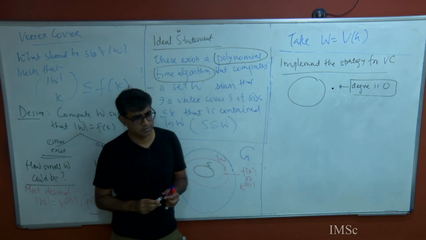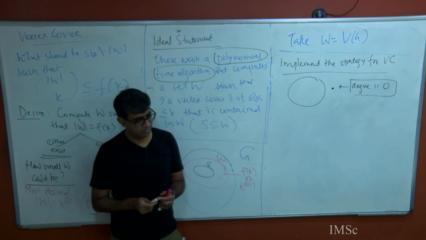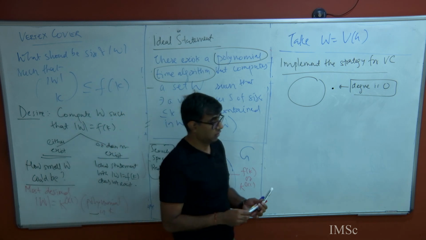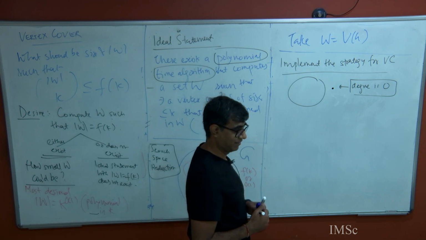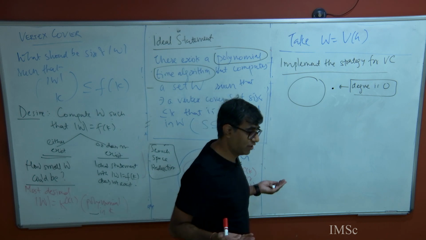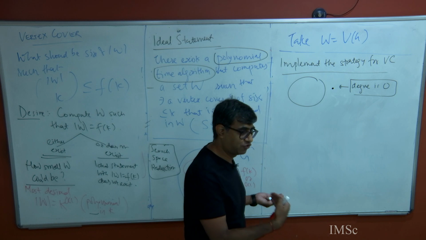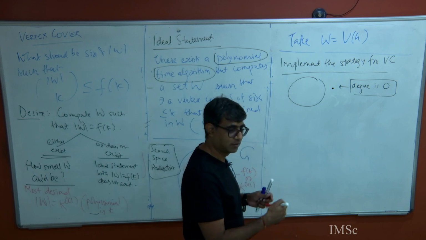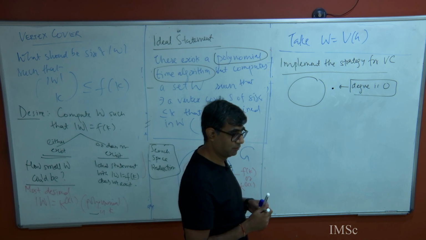Is this useful for us anyhow? No, right? So what should I do? Delete it. But then when you delete, your answer might change. You have to make sure that when you delete, your answer does not change. So, we have to prove something.